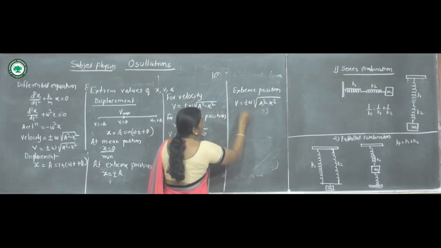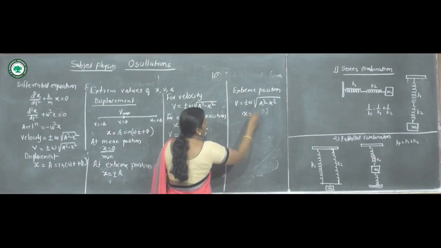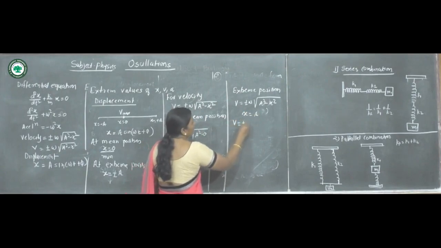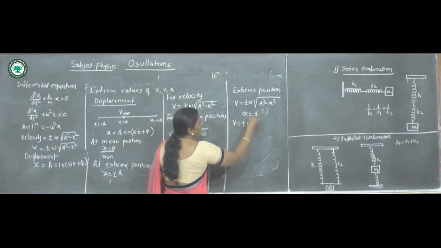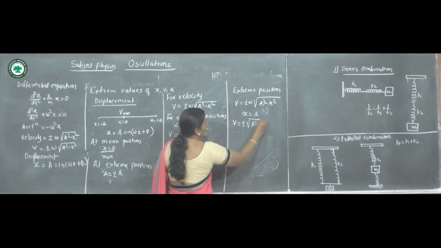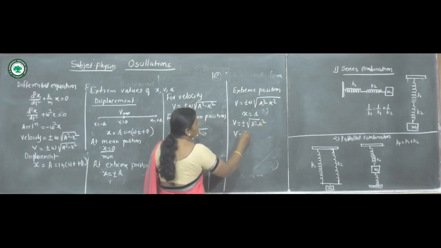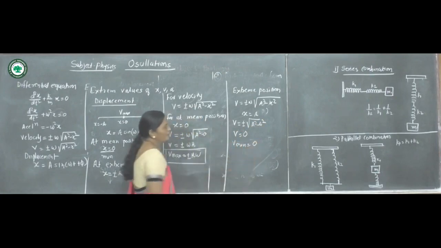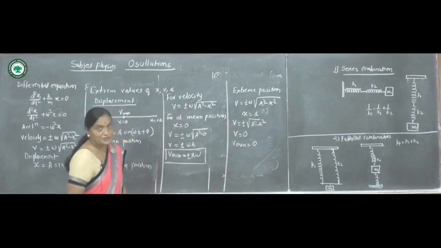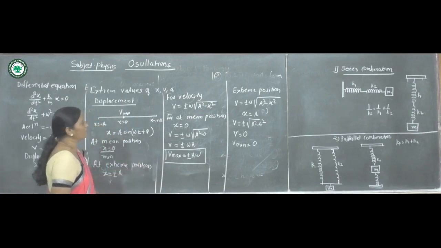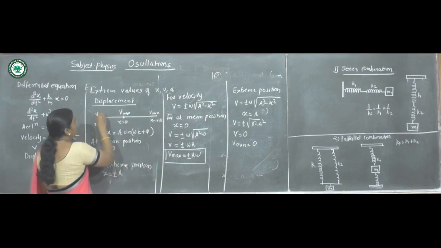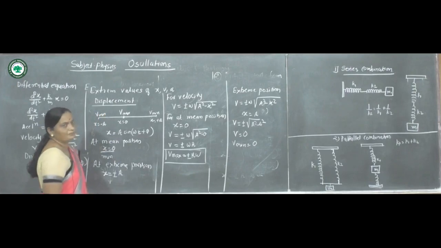Then substitute x is equal to plus or minus a. v is equal to plus or minus omega under root a square minus a square, which is 0. Velocity is 0 here, that is, velocity is minimum at extreme position.